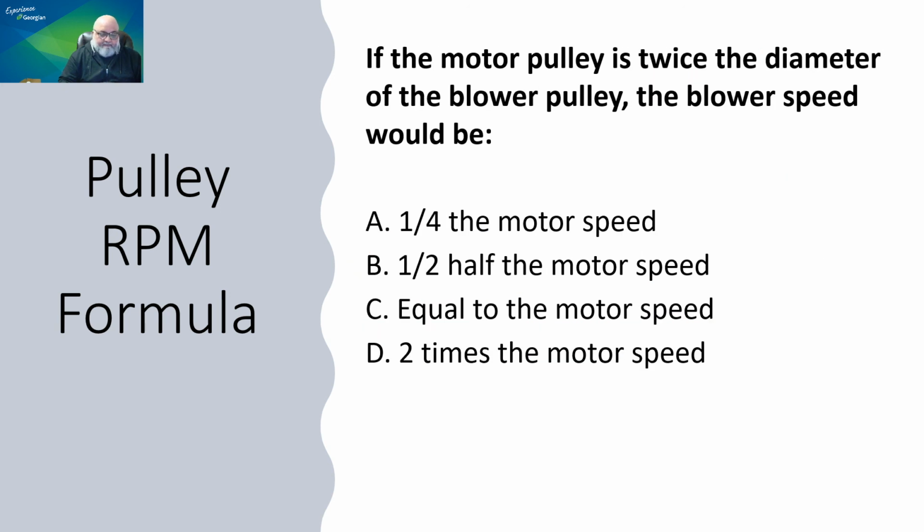Next question. If a motor pulley is twice the diameter of the blower pulley, the blower speed would be A, B, C, or D. Please stop the video and think about this for a second. According to the second rule, we know that increasing the motor pulley size will increase the blower speed.